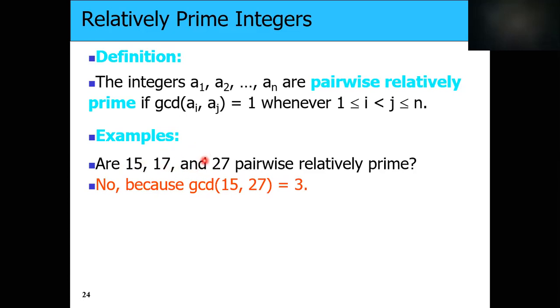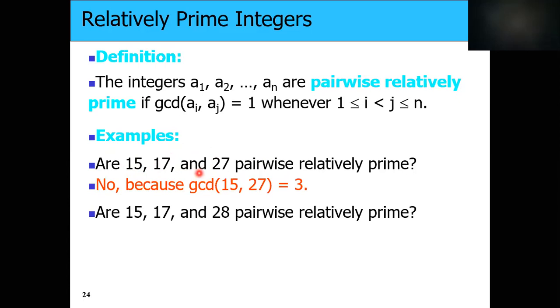So these are not pairwise relatively prime, because pairwise relatively prime means the GCD of each and every element with each other one must be 1. But in that case, these are not relatively prime.